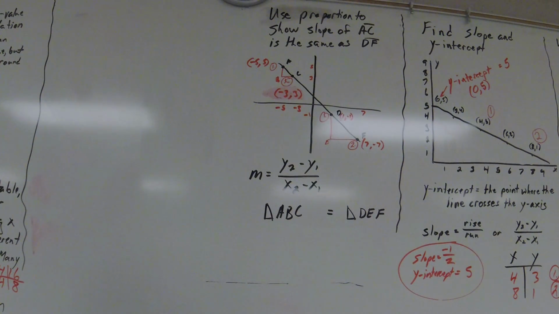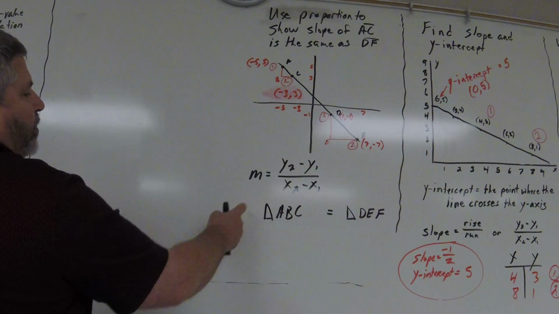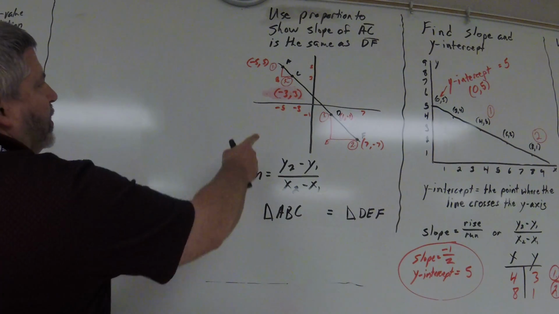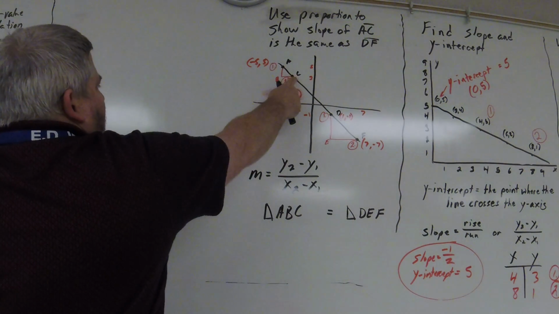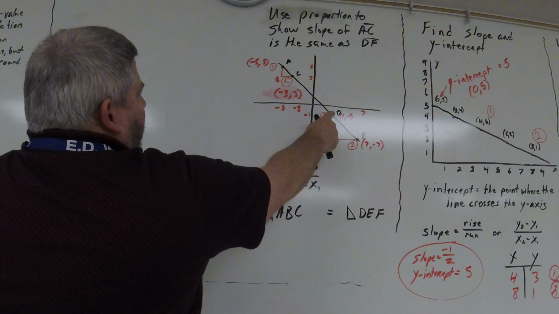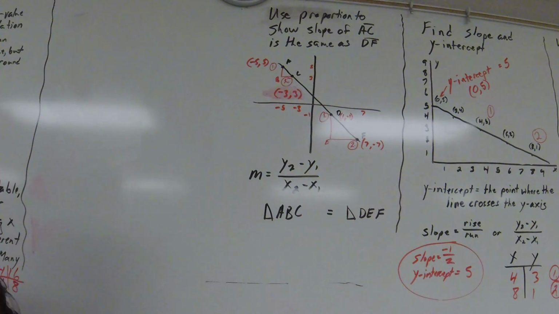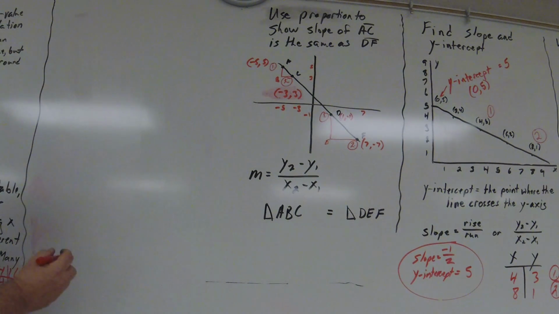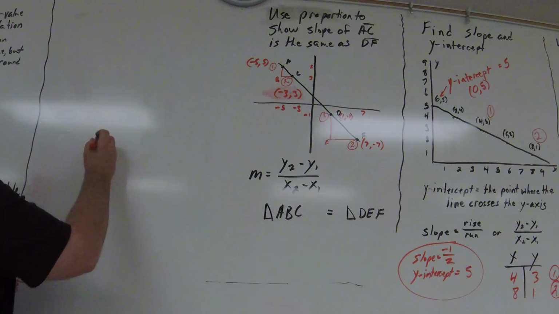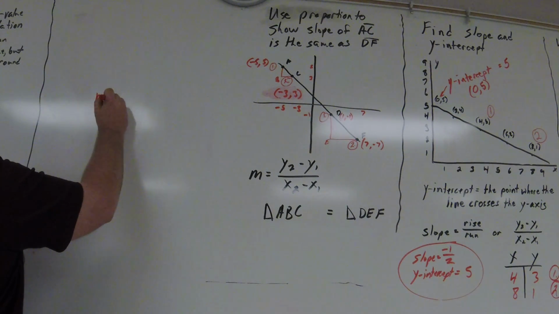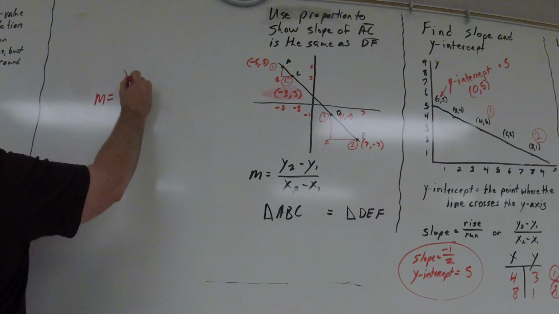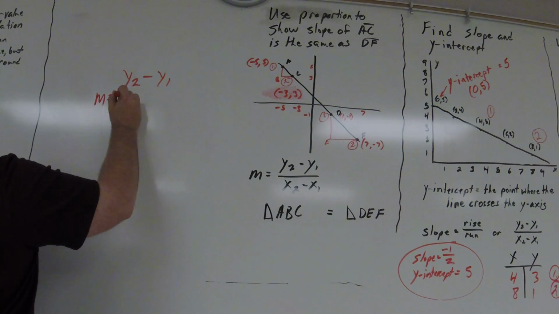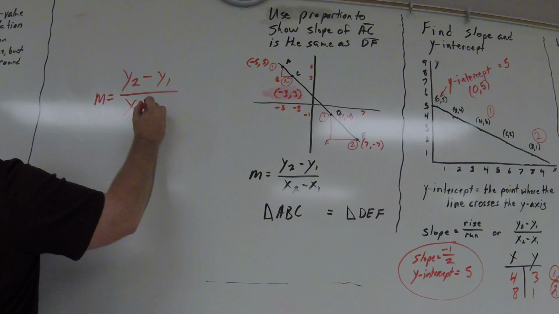So what we're going to do is use our slope formula and the idea that triangle ABC is equal to triangle DEF. Well, what is equal? The slope is equal. So what we want to do is use our slope formula. Our slope equals y2 minus y1 divided by x2 minus x1.